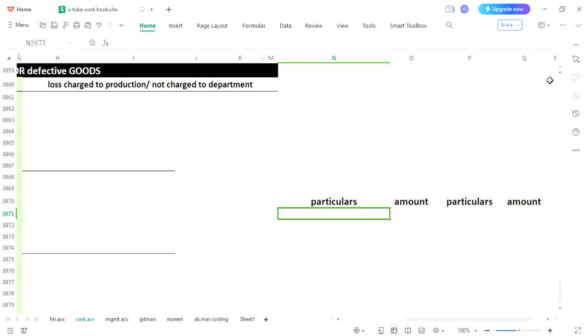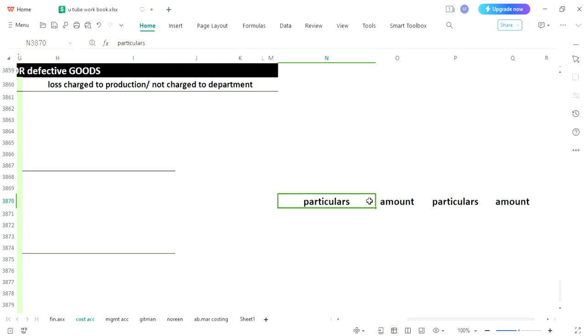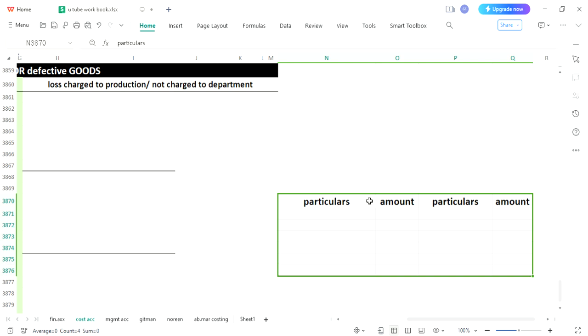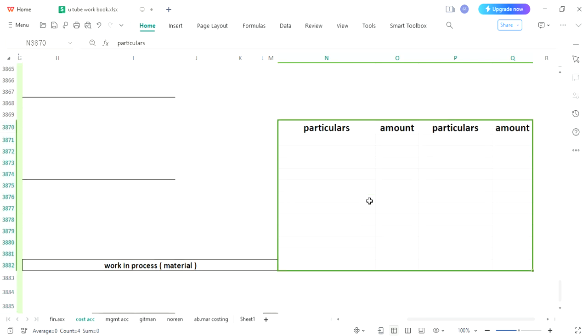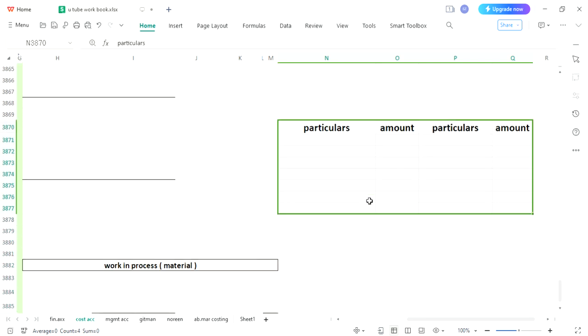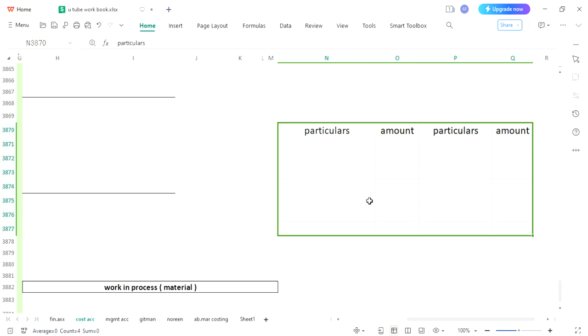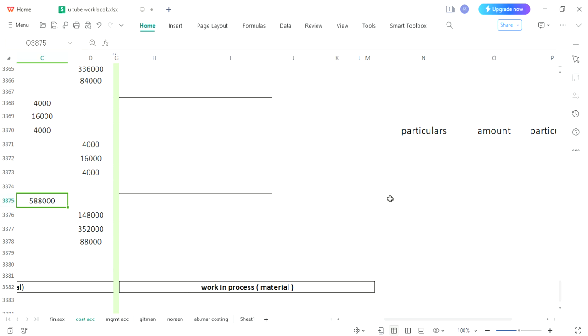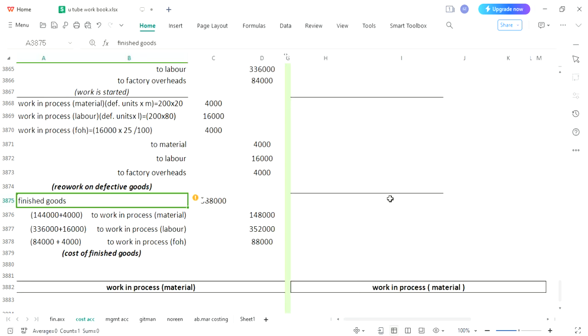In this way, two sides have been mentioned, and this is the proforma of your ledger. These are two sides, and we will use them to make our ledger.